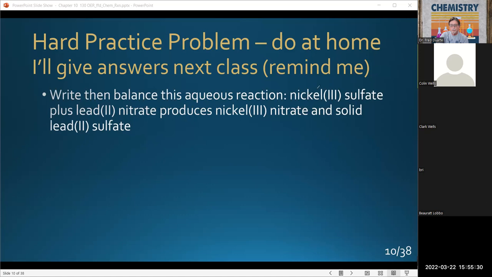Well, nickel 3, okay, I'm going to make this red. Nickel 3 tells you that you're using the +3 ion. And the sulfate, well, hopefully by now you can recognize the ATE, which should tell you to go to the polyatomic ion table on the periodic table, okay? If it was sulfide, IDE, then you know it's just sulfur by itself.